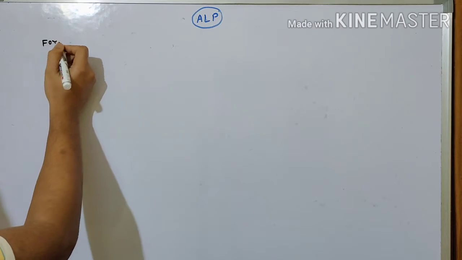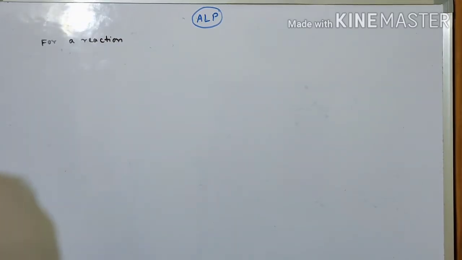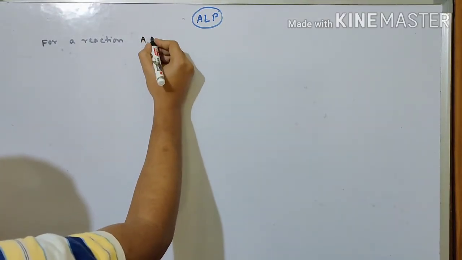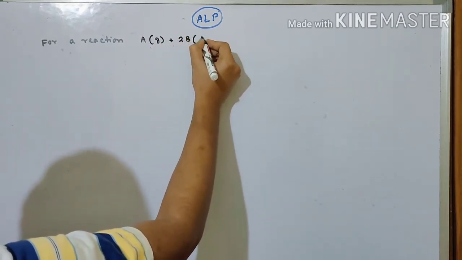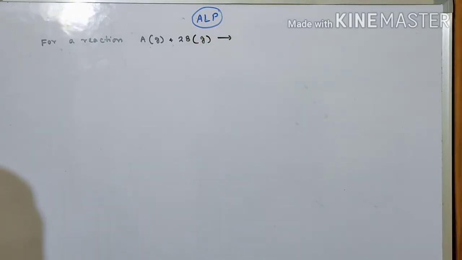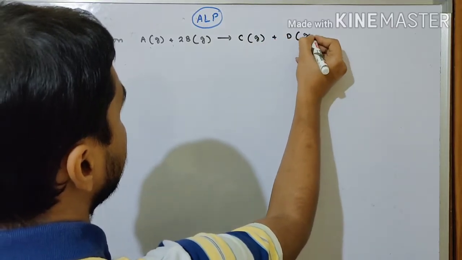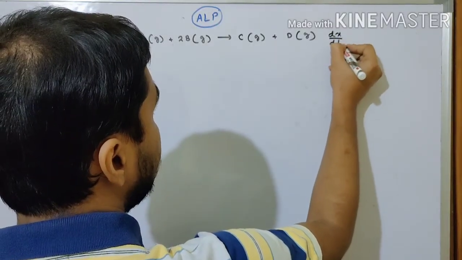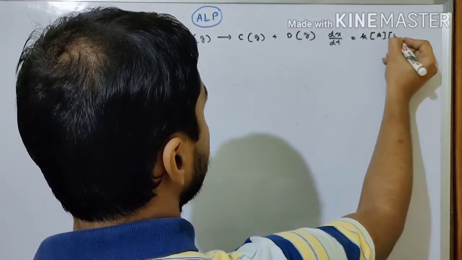For a reaction A plus 2B, both of them are gas, gives rise to C plus D, and dx by dt is equal to K into A B square.